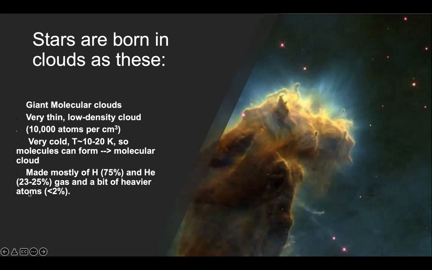Mostly these clouds are made up of hydrogen, 75% is hydrogen, 23 to 25% is helium, and other heavier atoms constitute less than 2%. Right? So these are giant molecular clouds which compress under gravity to form stars.